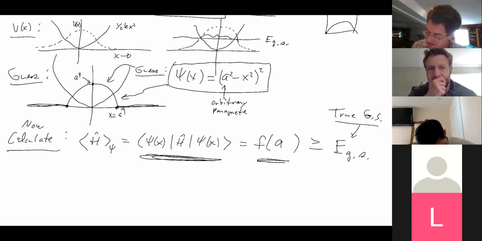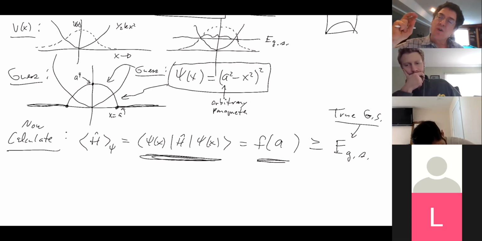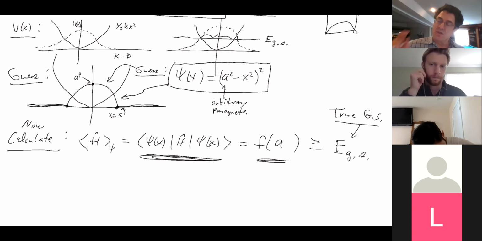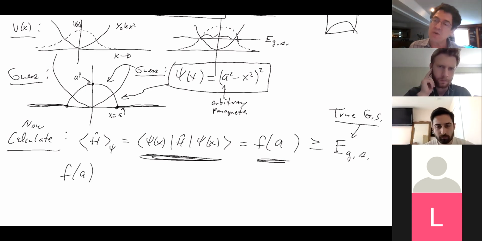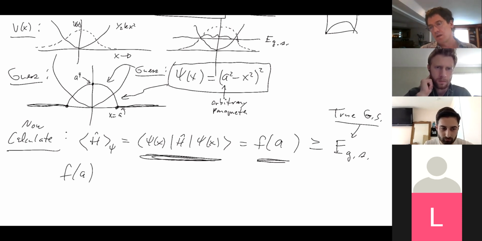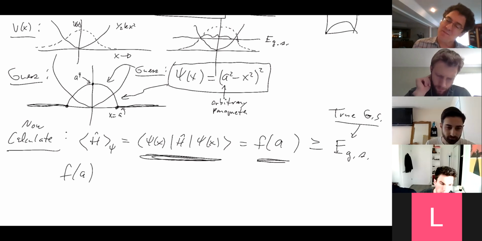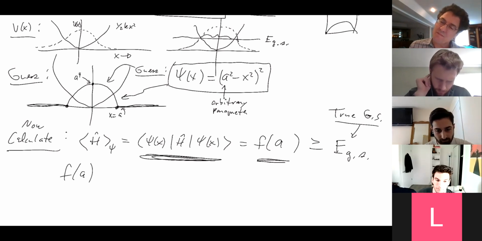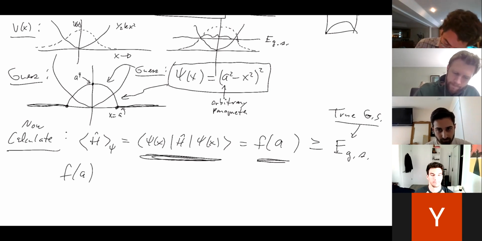So what that means then is that to get the best estimate of the ground state energy, what am I going to do with this function? Minimize it? Yes. How do I minimize it? Do the differentiation with respect to a.